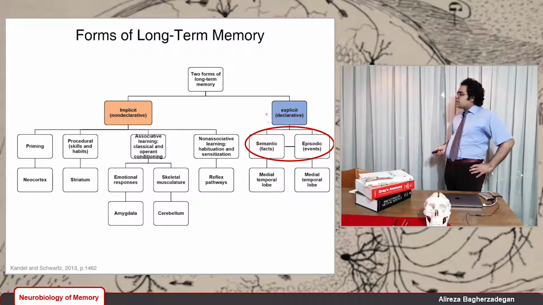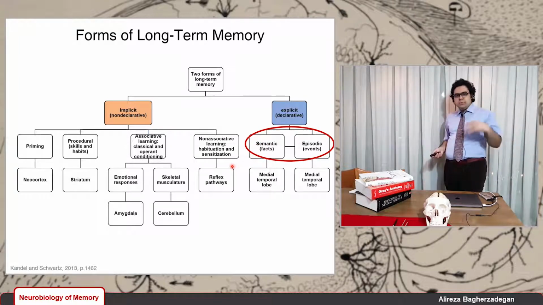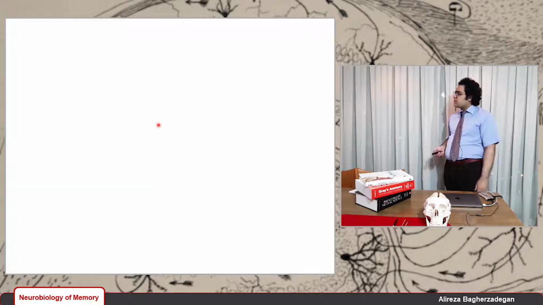And now, in this lecture series, I'm going to talk about explicit or declarative memories. Semantic memories about facts, for example, the definition of a word or the name of places and people. And then episodic memories, memories about our experiences and different events. So this is a classification. I'm not going to focus a lot on that.